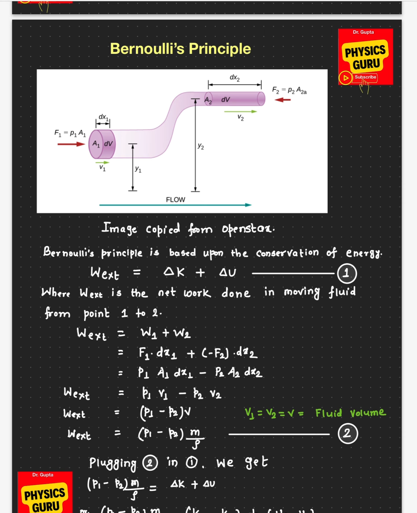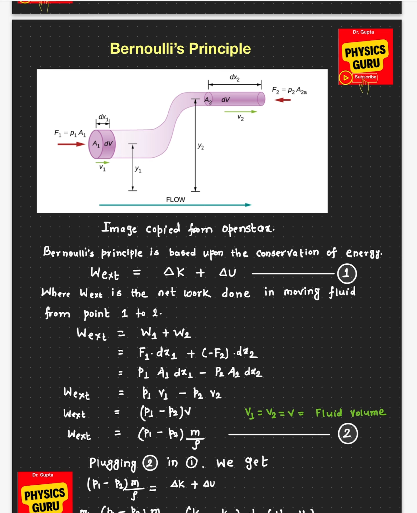Now let's say the force at this point is F1, and at this point it is F2, because there must be some sort of force here. If you simply leave it open on this end, this force could be due to atmospheric pressure. The pressure at this point is P2, this segment is at a height of Y1, and this segment is at a height of Y2.